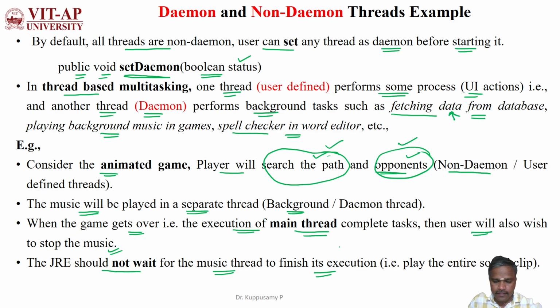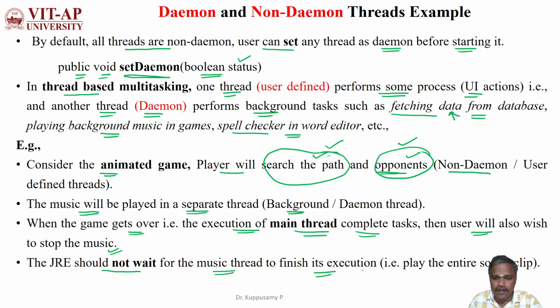That means there may be a 5 minute, 5 second or 10 second audio clip, and that entire clip need not execute completely. Once he has completed the game, the program or game might be closed by the user before that entire audio clip completes.